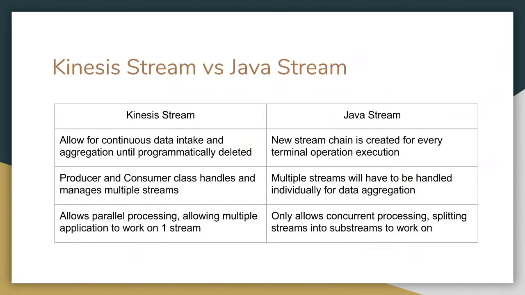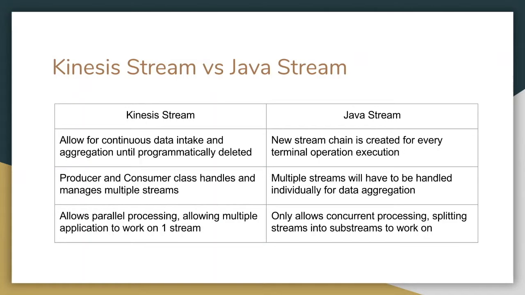Next, I'll talk about the comparison between Kinesis Stream and Java Stream. Firstly, Kinesis Stream allows for continuous data intake and aggregation until it is programmatically deleted. However, in a Java stream, a new stream chain is created for every terminal operation execution.